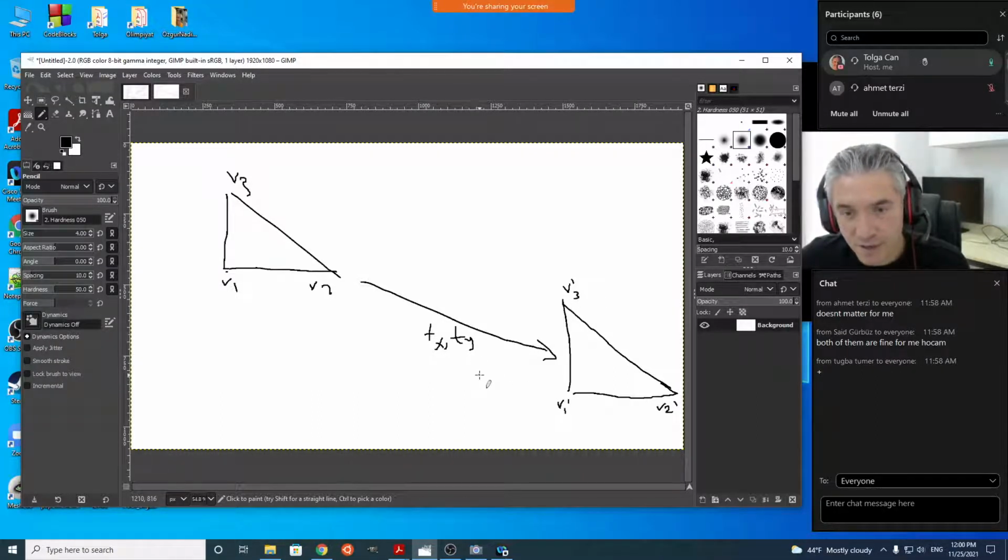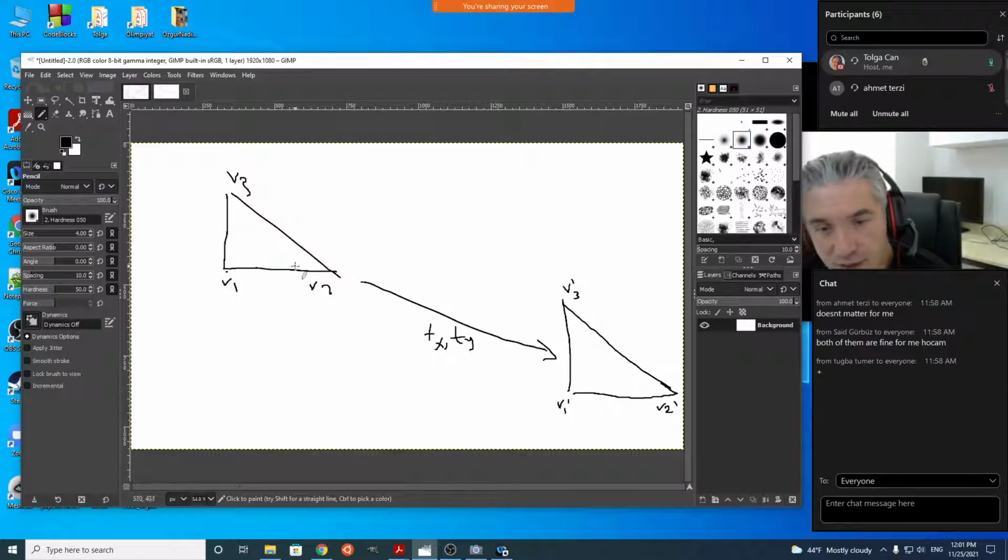This transformation is like a function that will be applied on these vertices, and we want to apply the same function to all of them. Imagine you have thousands of vertices for a complicated object, for example, 10,000 vertices for a cup, a mug. We want to apply the same transformation to all 10,000 of them. This is a nicely parallelizable thing to do.